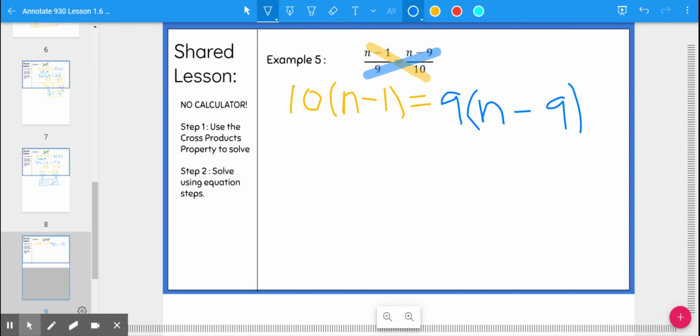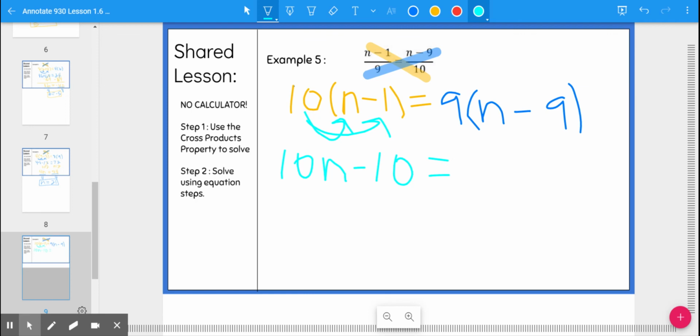So this problem looks a little bit different because on both sides of my equation now, I have to distribute. So we are going to do 10 times n, which is 10n, and then 10 times negative 1 gives us negative 10 is equal to.